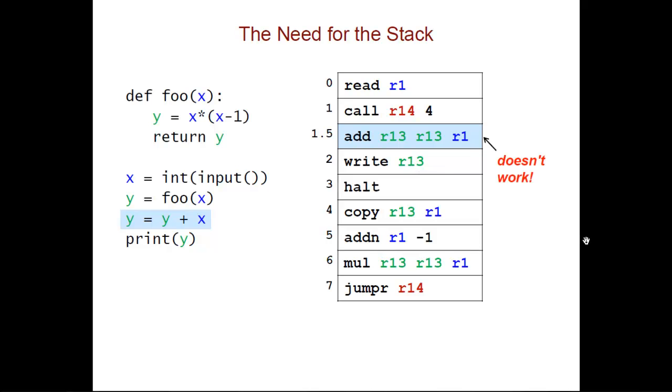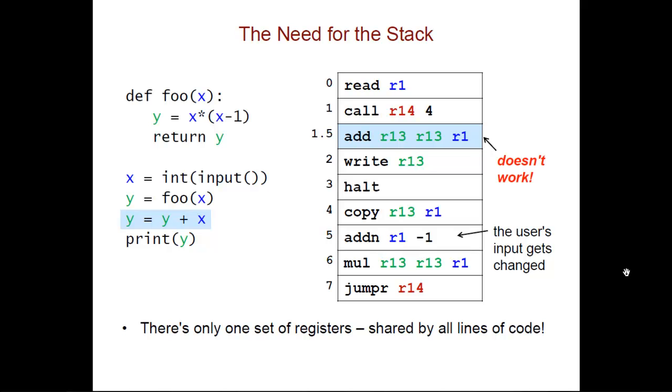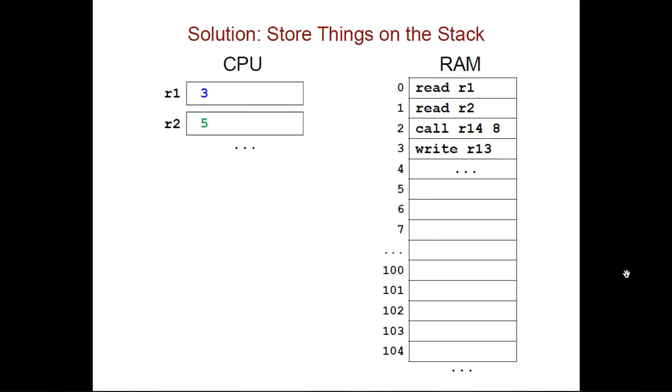But this doesn't actually work, and the reason is R1 was changed down in the function when we added -1 to it. And so we don't have the original input in R1 anymore. We actually have 1 less than the original input. And the problem here is that there's only one set of registers, and they're shared by all lines of our assembly program. And so that's why we need the stack.